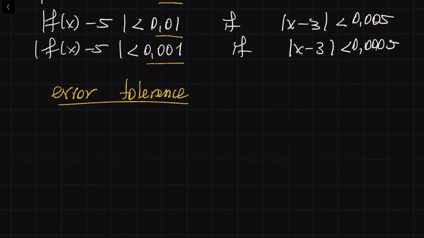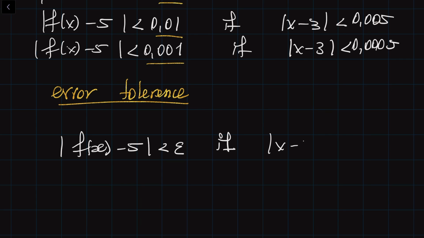So in general, we can write this down as: f of x minus 5 is smaller than epsilon if we choose the values of x close enough to 3, within a distance delta. And in our case, this distance is equal to epsilon over 2.